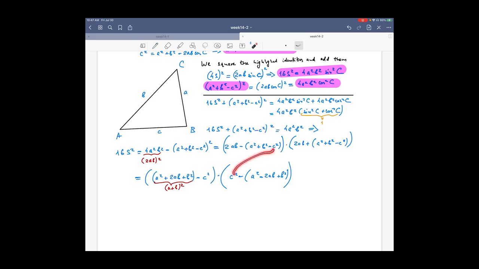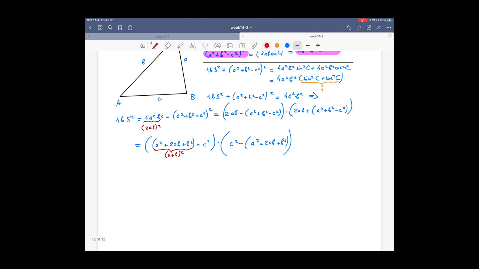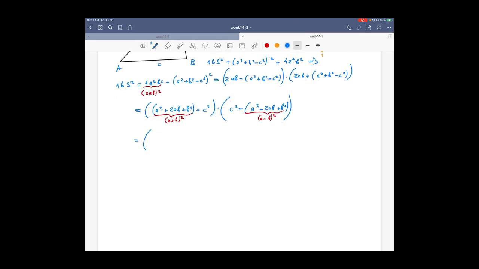You can check: c squared with the plus, a squared with a minus, b squared with a minus, and 2ab with a plus. So, of course, this now is a minus b squared. So I get a plus b squared minus c squared times c squared minus a minus b squared.